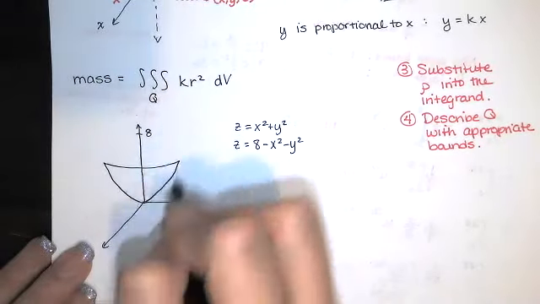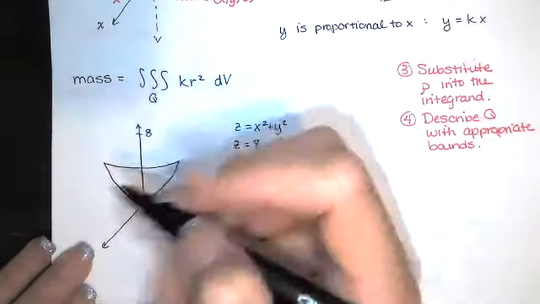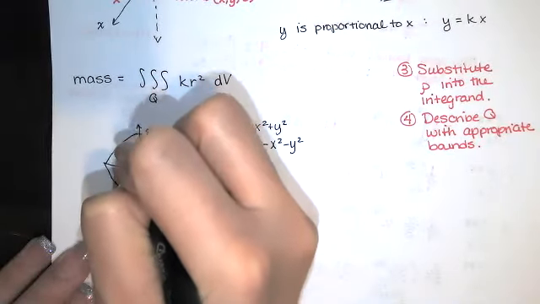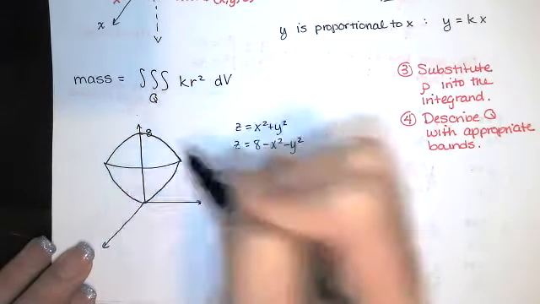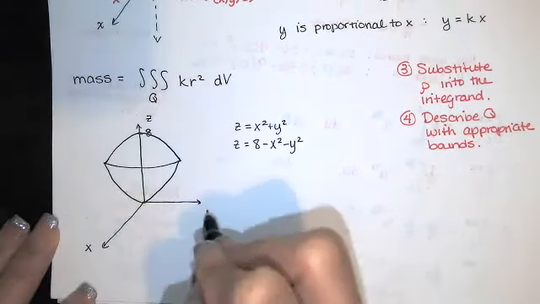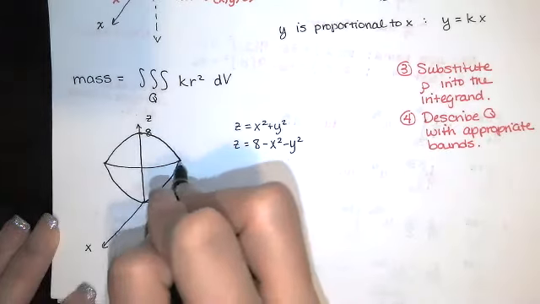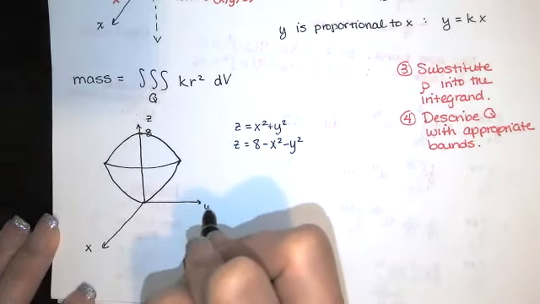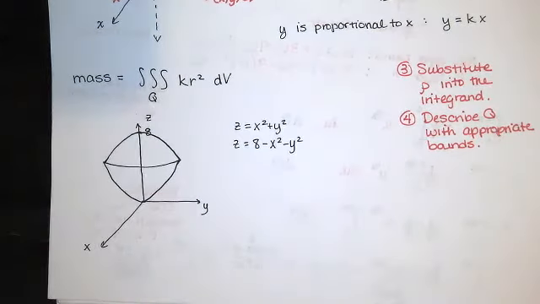So I've got one elliptic paraboloid facing up, another one facing down, and they're going to come together to look something like this. This is, of course, not to scale. And it should join a little differently. Shouldn't have those weird sharp corners on it. But that's the idea. So how are we describing Q with the appropriate bounds?